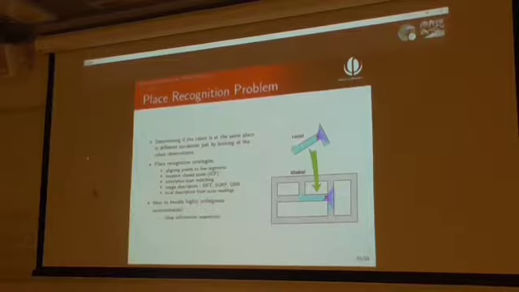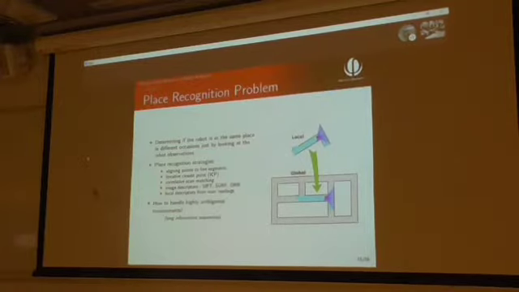We can perform matching of points, we can perform matching of scans, and we can compare features extracted from images, for instance. And this is the most popular approach nowadays, to extract features from images and compare them, depending on the descriptors used, like SIFT, SURF, or others, which is the most popular feature-based one.